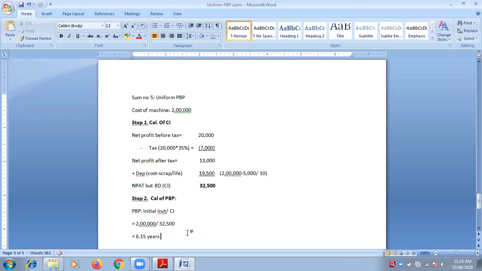Such a small amount for a businessman. It takes 6 years to cover such a small amount. So it is not feasible to buy this type of machine.